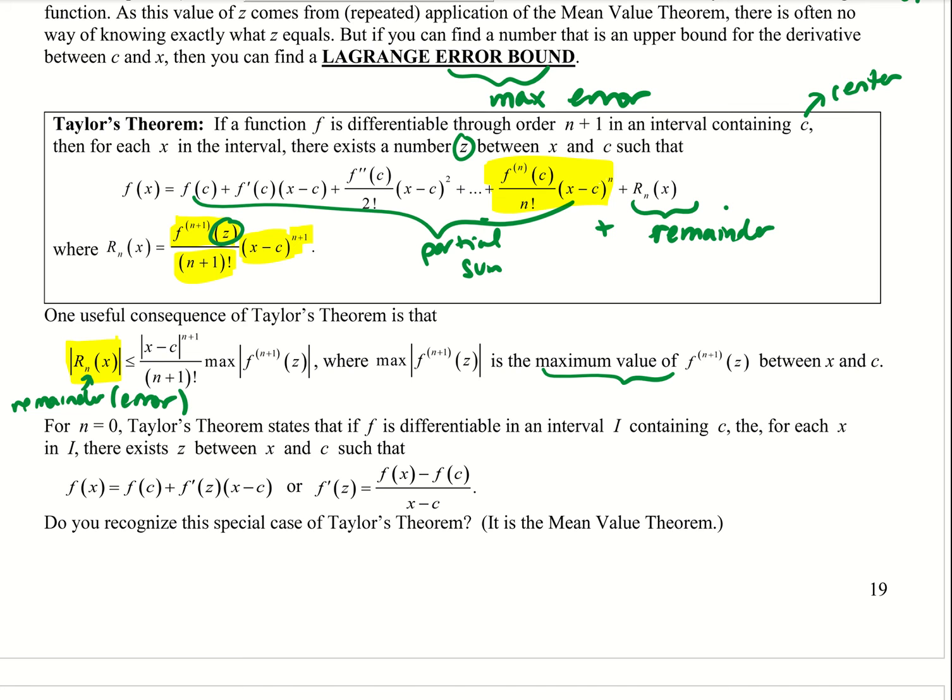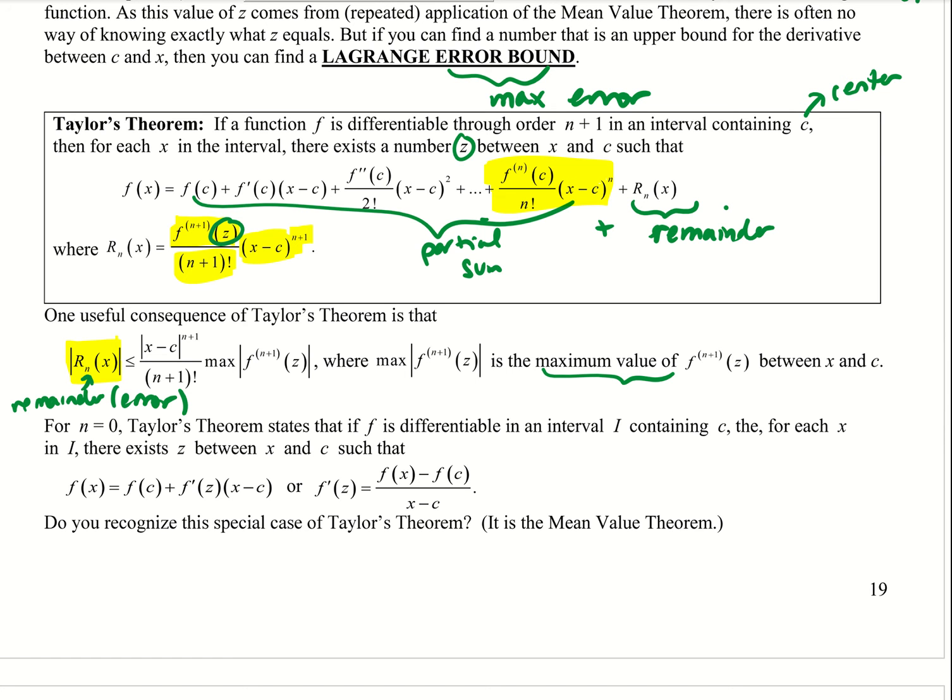Now, quite often, we'll be looking at places where n starts at 0. Taylor's theorem is going to tell us that f is going to be differentiable in some interval where c, the center, is inside of it. And this right here is an interesting connection.